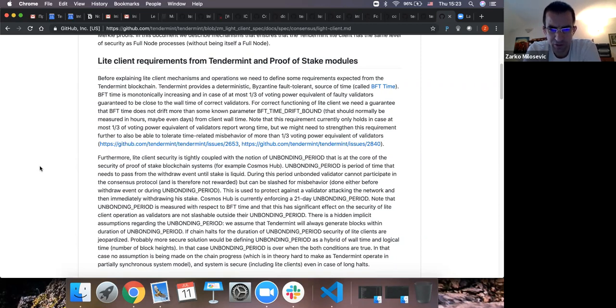So one more thing I want to mention here is that there is also one additional implicit assumption, at least in the current version of the complete stack, and this is the fact that during the unbonding period, we are always making progress at the Tendermint level.